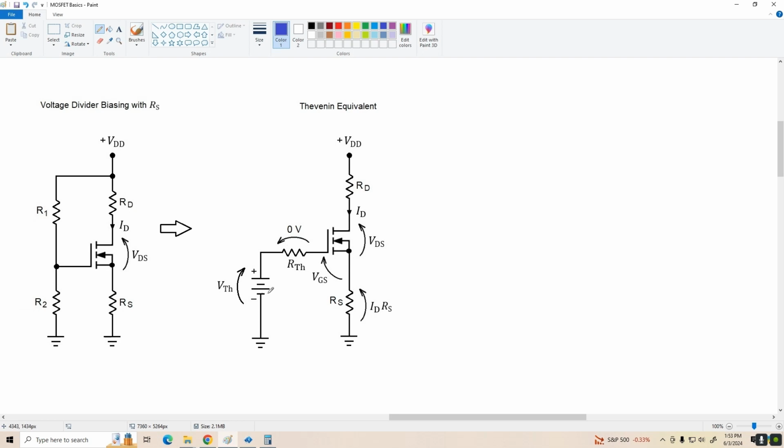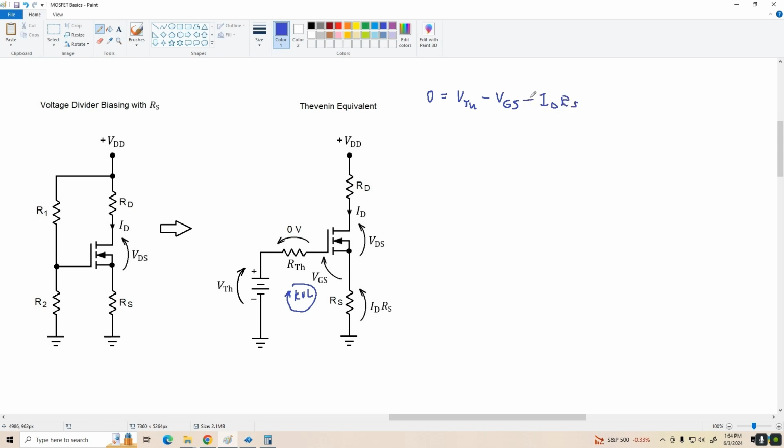Writing a KVL equation for this loop, we get 0 equals VTH minus VGS minus ID times RS.